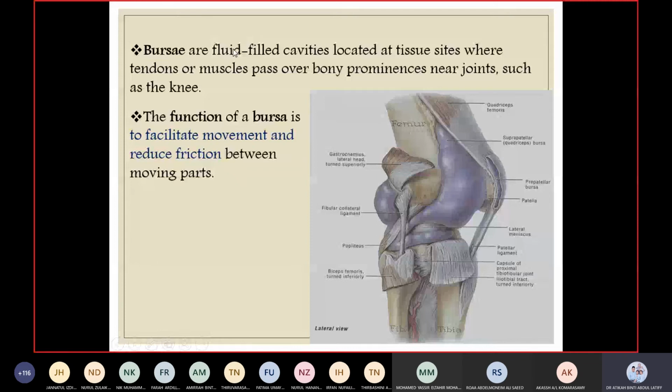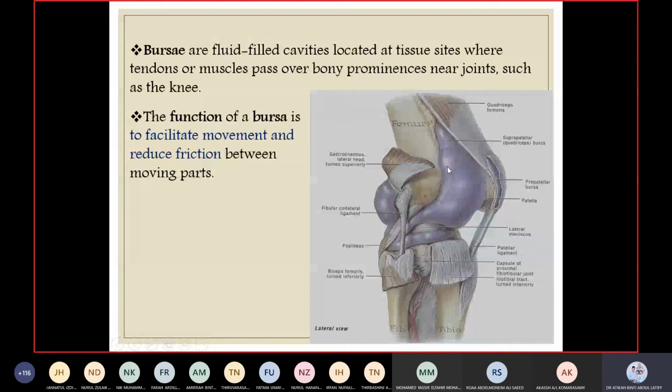Here you have your quadriceps femoris muscle, and this is your patella, which is bone. To reduce friction between the quadriceps muscle and the patella, we have the prepatellar bursa. Also here we have the femur, and between the femur and quadriceps we have the suprapatellar bursa to help cushion this area and reduce friction.